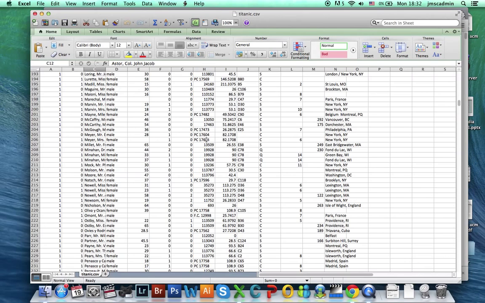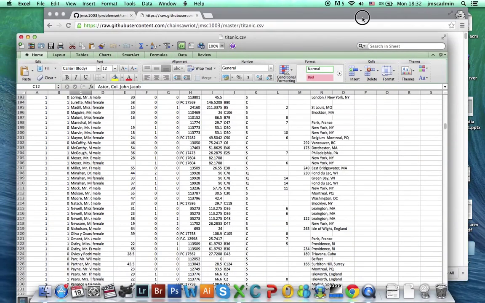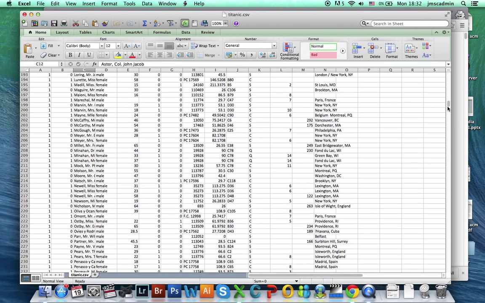And this data set has all the passenger data. This computer is so slow. Anyway, try to make it work.